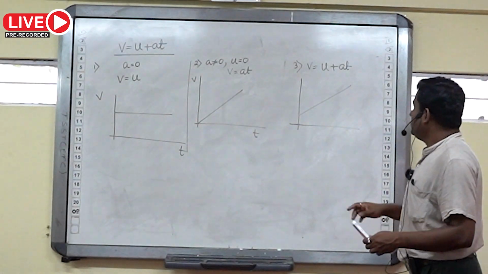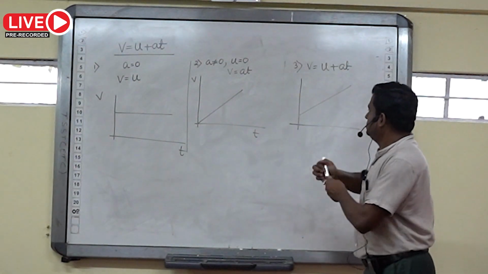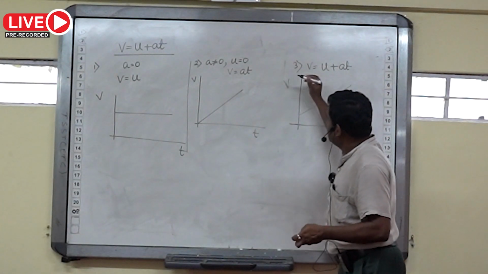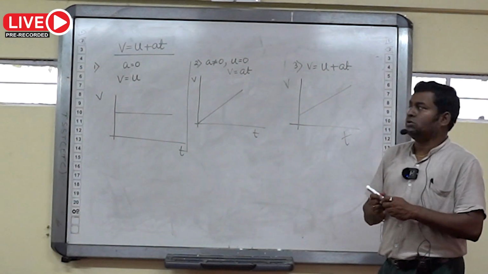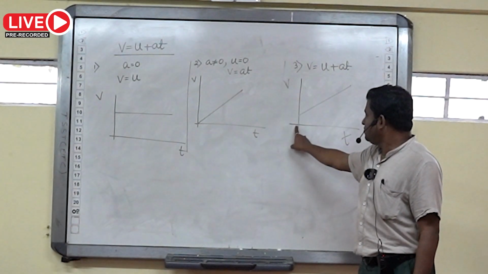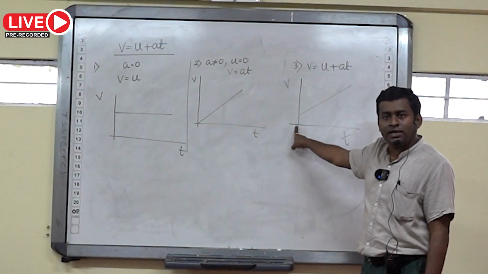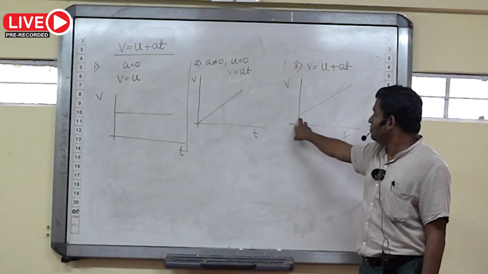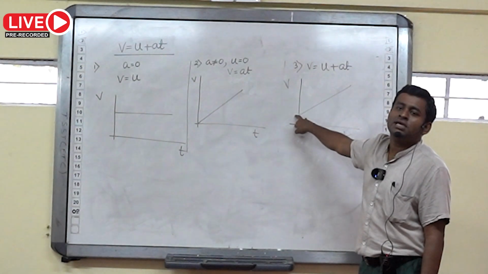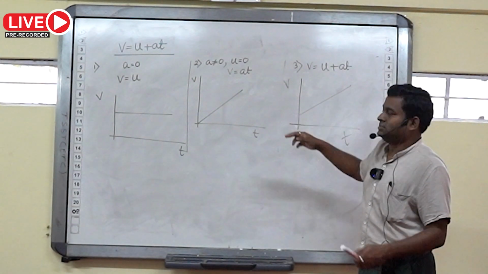Why? This is the velocity axis, this is the time axis. If you put t equal to 0, what is the value of v? u. So t equal to 0 means you are at this point, and the value of v in that case is equal to u. That is called the initial velocity.